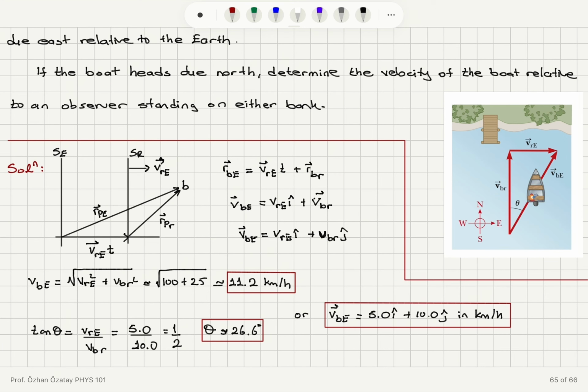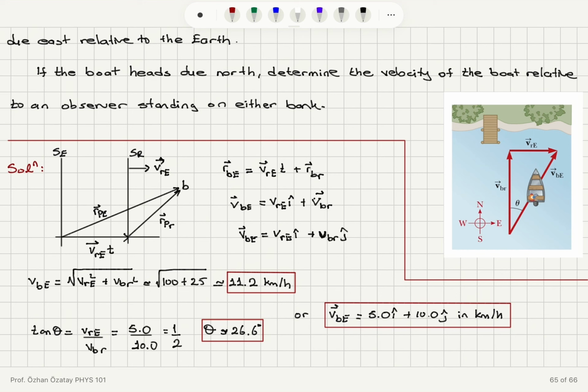Square root of, so it's going to be 25, square root of 125 will give me the speed of the boat, 11.2 kilometers per hour. And you can see that tangent of this angle theta, VRE over VBR, is 5 over 10, 1 over 2, which tells us the angle it makes with the north direction is 26.6 degrees.